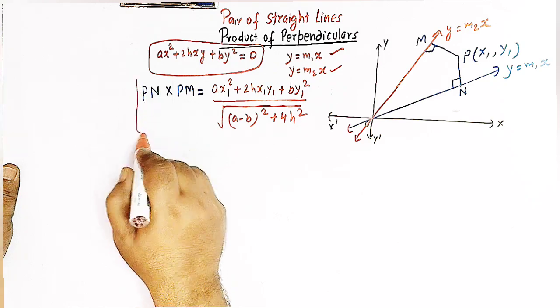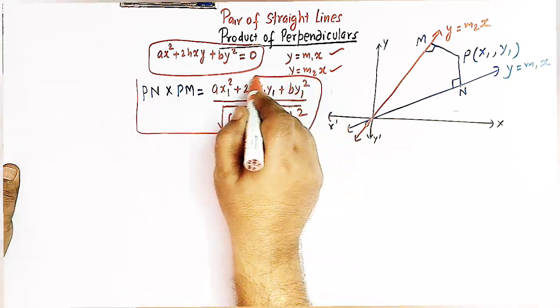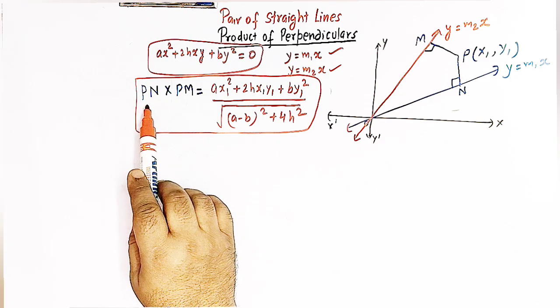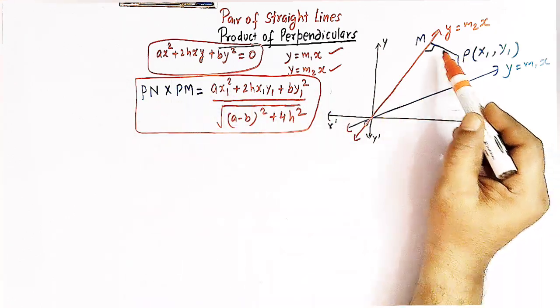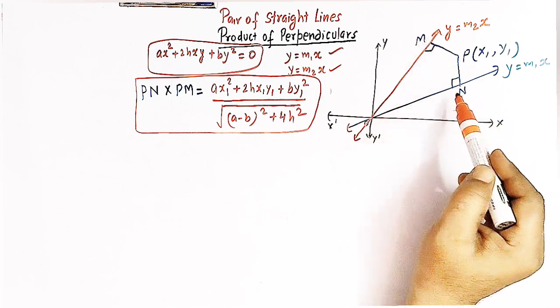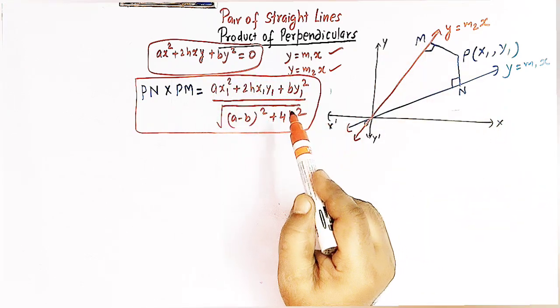So we'll consider an example of how we can find the product of the perpendiculars to these two lines by using this direct result.